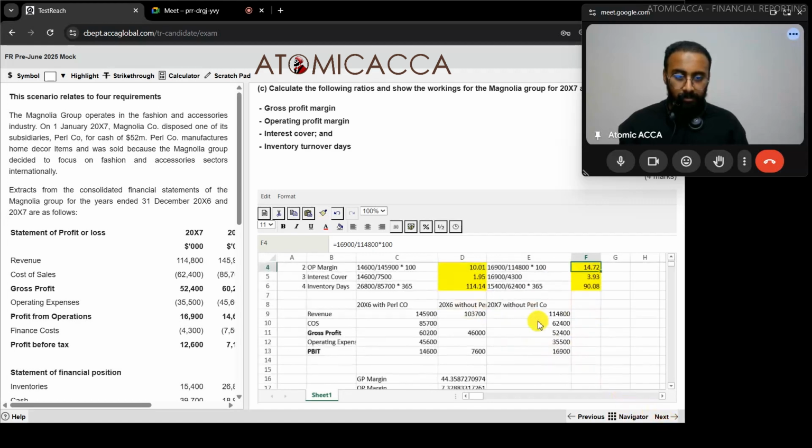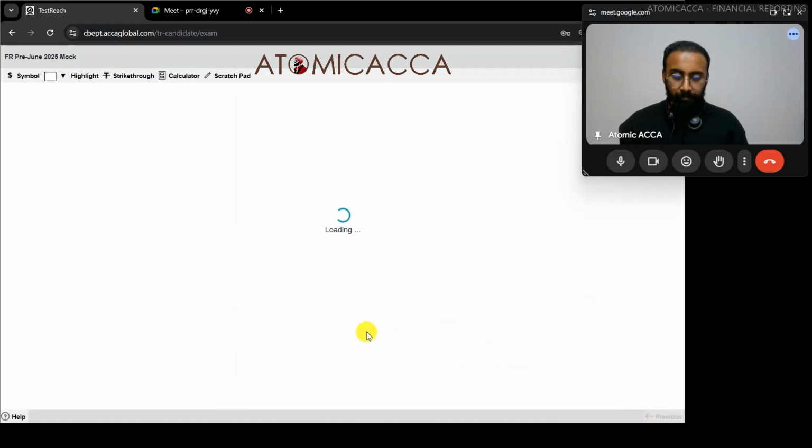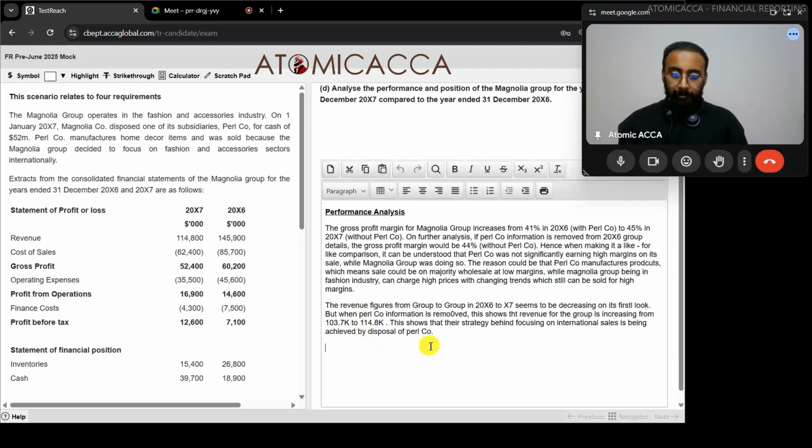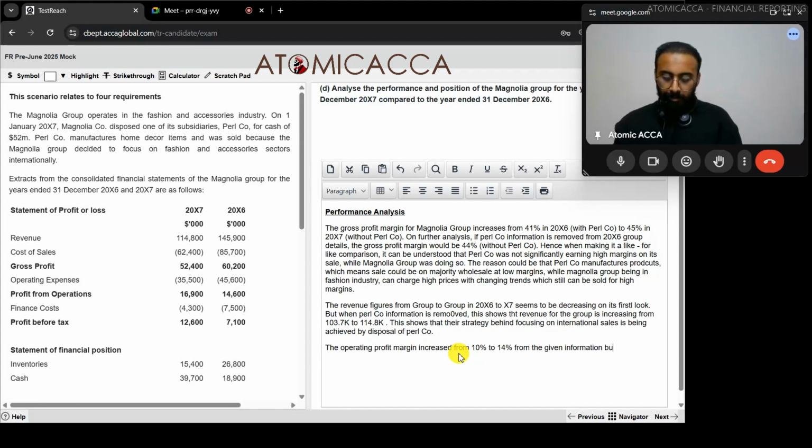10 to 14 and 7 to 14. The operating profit margin increased from 10% to 14 percentage from the given information, but on removing Pearl Company, this shows a massive growth from 7 percentage to 14 percentage.